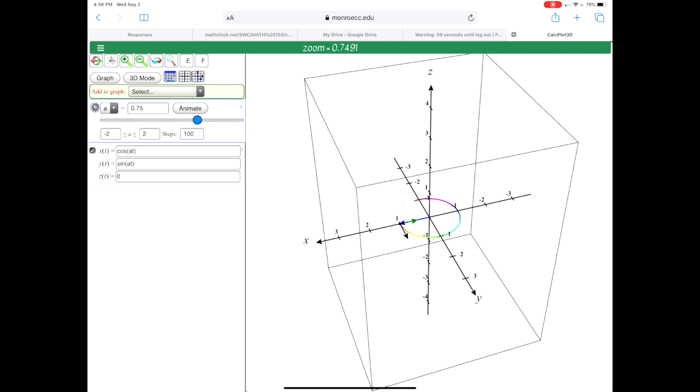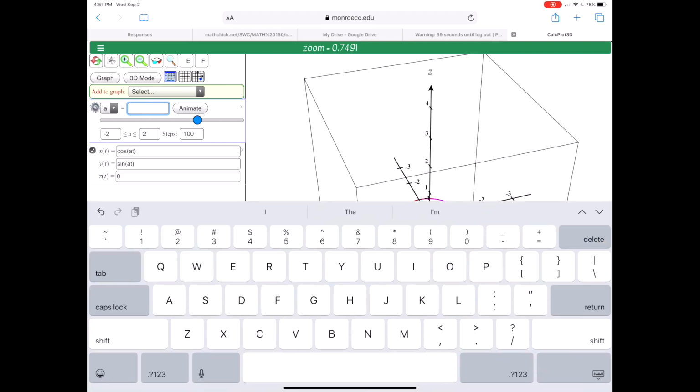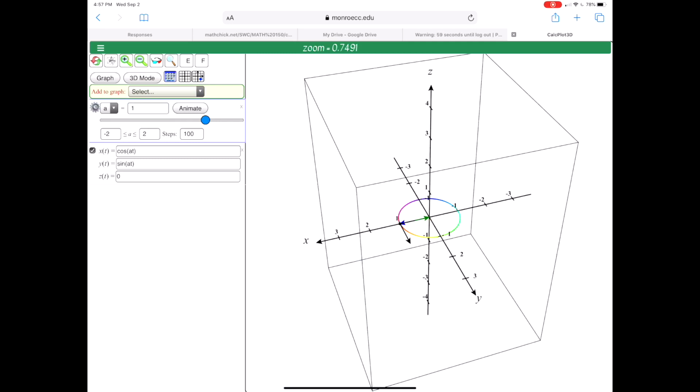And then I think you can kind of get the gist of what's going on. And then when omega here is 1, we get all the way around, one revolution of the circle. Good so far? As we keep going, it's made a second revolution around the circle.